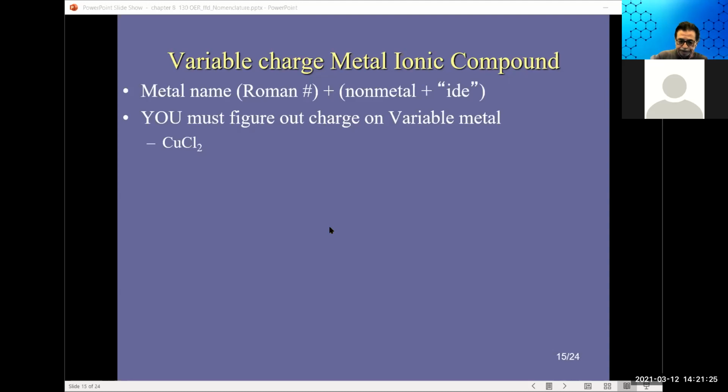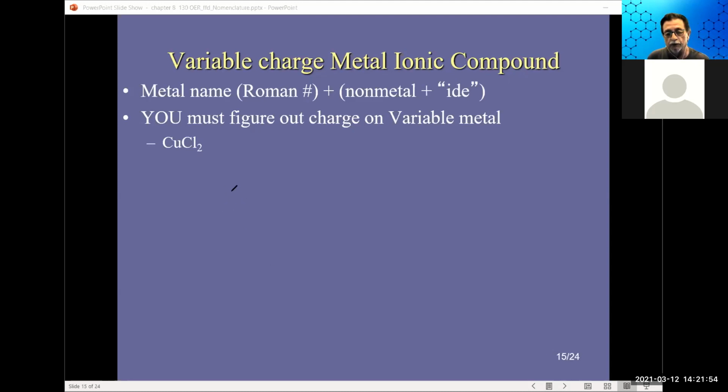So this one here, you're given CuCl2. Well, we need to first figure out what is the oxidation number of copper. Going back to the general equation I gave earlier, where the total of cations plus total of anions equals 0, you use that equation here and set up a simple algebraic equation.